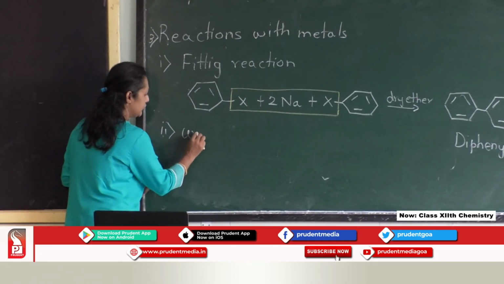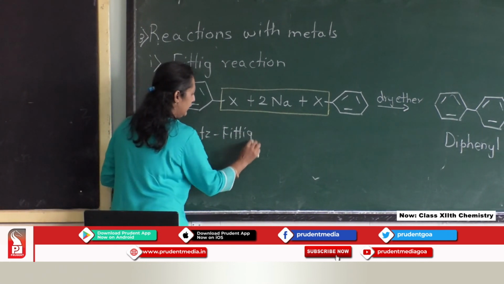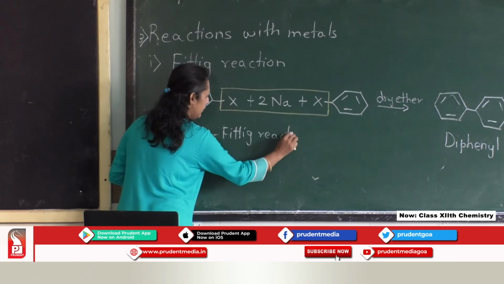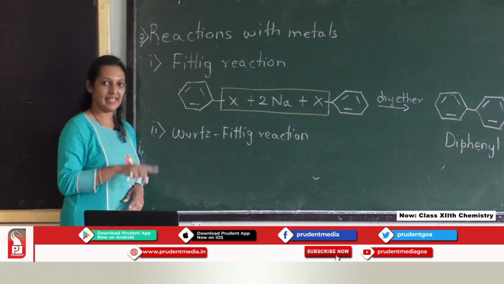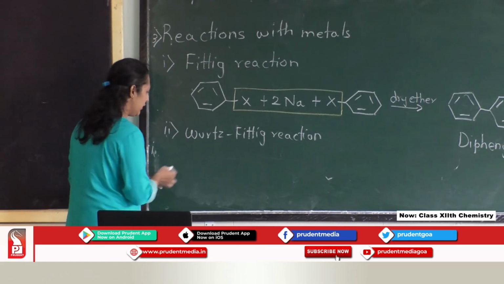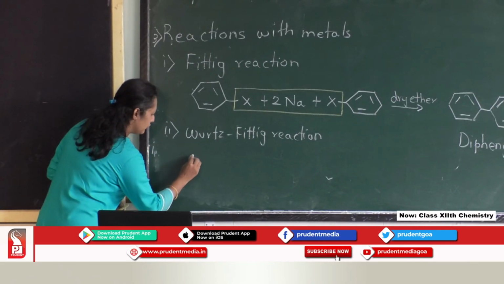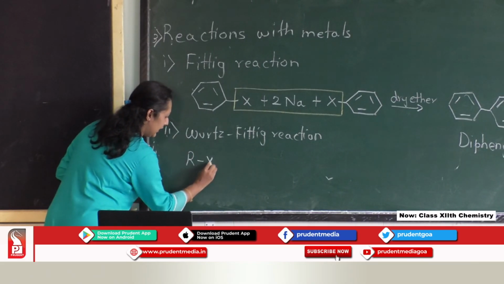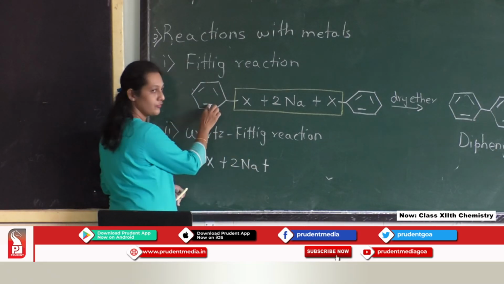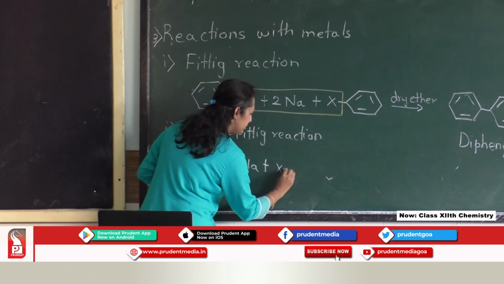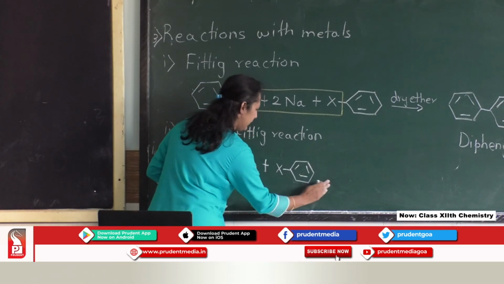And second reaction under that is the Wurtz-Fittig reaction. Wurtz reaction is for alkyl halide and this is for the aromatic. So, anyhow we are taking the two molecules. So, one molecule of an alkyl halide and one molecule from the Fittig, that is aryl halide.